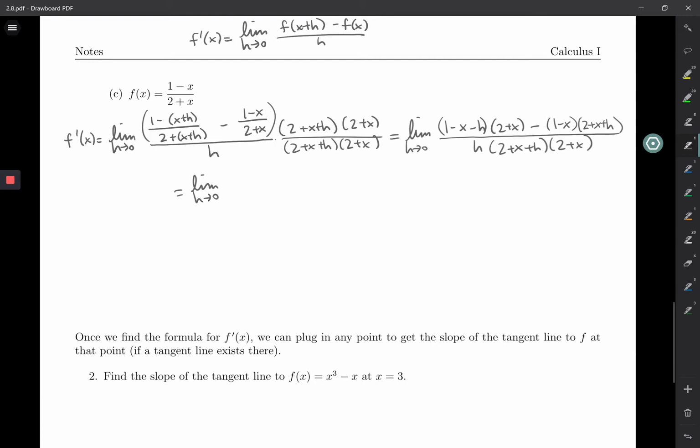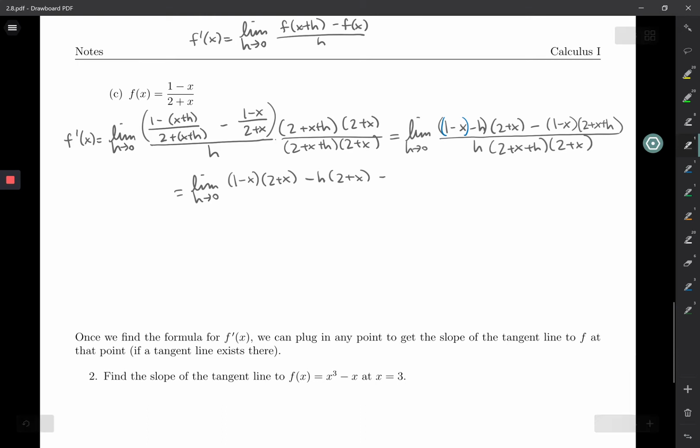Okay, what I'm going to do is some clever factorization, or I guess it's not really factorization. I do want to distribute this, but I want to group 1 minus x together and then distribute this 2 plus x, so I'll get 1 minus x times 2 plus x, and then I'll also multiply it by that h, so I'll get minus h times 2 plus x, like that.